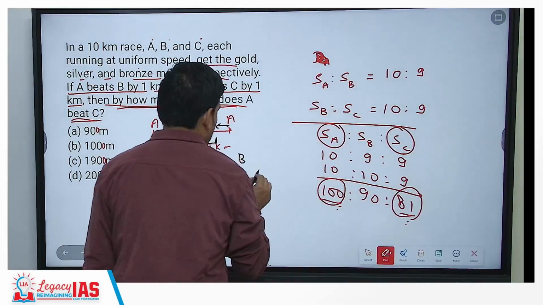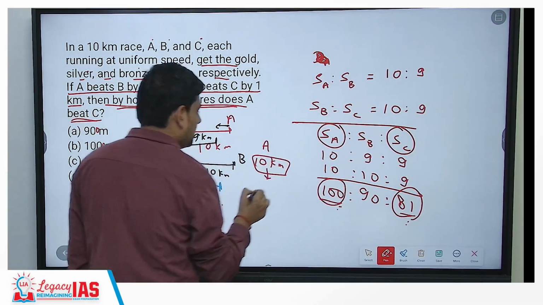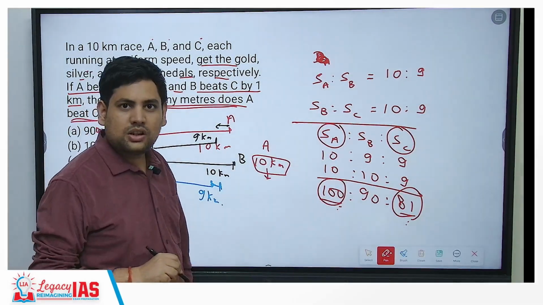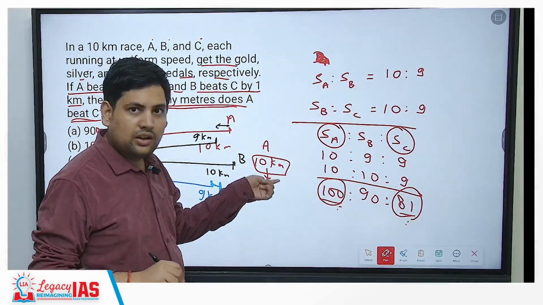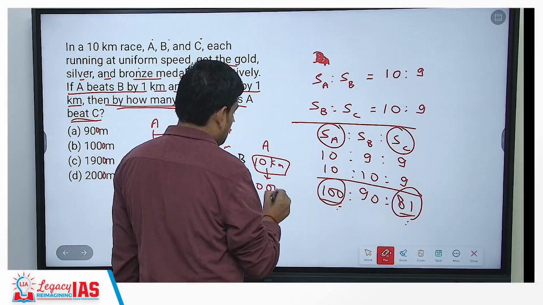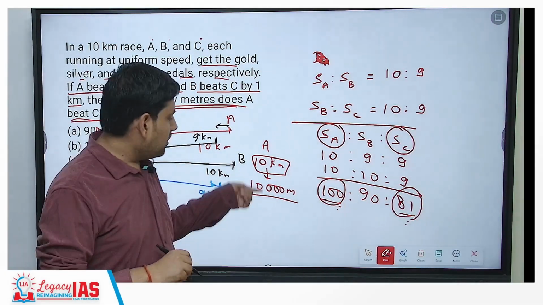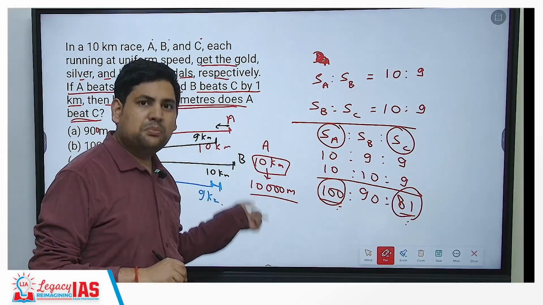Now according to the question, A will travel 10 kilometers. 10 kilometers means 100 meters times 100, that is 10,000 meters. Correct? So when A travels 10,000 meters, how much will C travel?